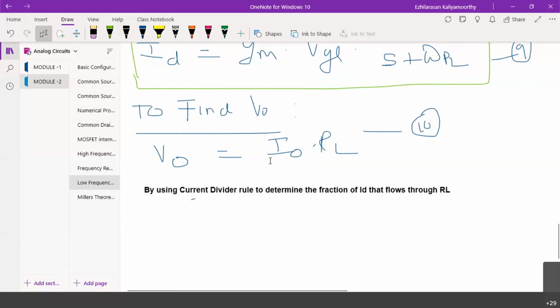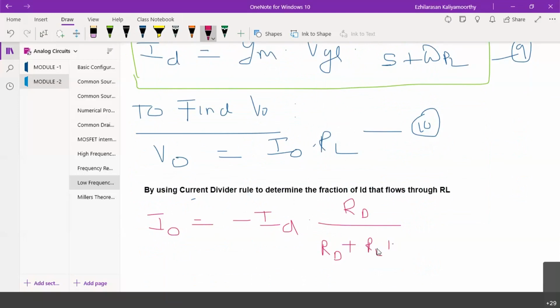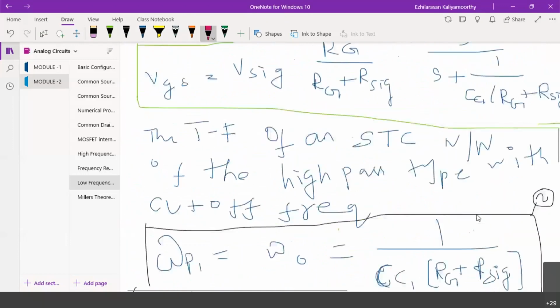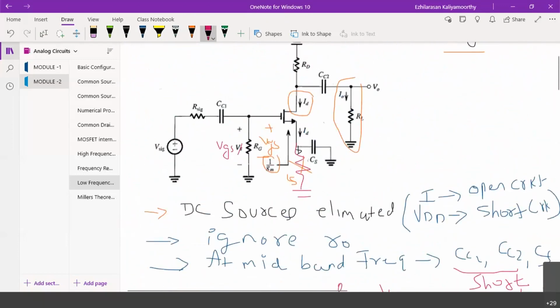So by using a current divider rule to determine the fraction of ID that flows through the RL in that circuit, we get I0 is equal to minus ID into RD divided by RD plus RL plus 1 divided by SCC2, because in this output side you can see RD, CC2 and RL, these three, current divider rule.